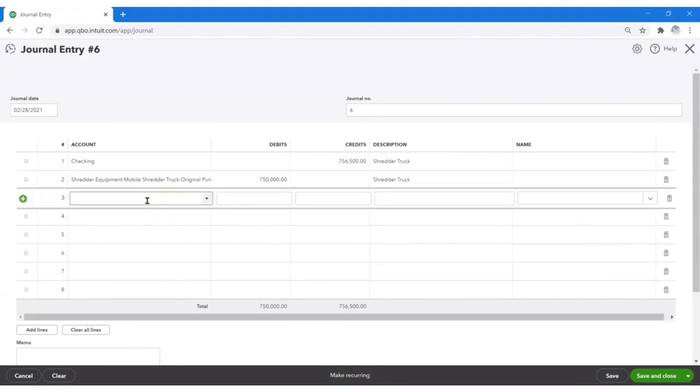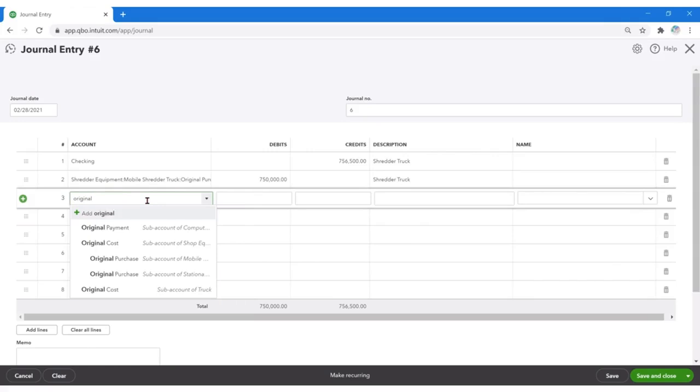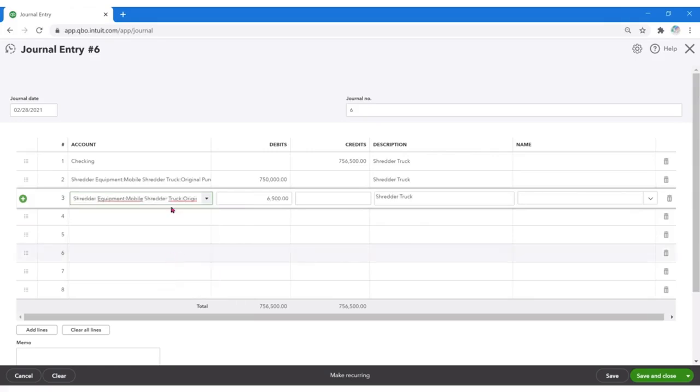Now I'm also going to capitalize the sales tax portion of this. So I'm going to put the original purchase of the mobile shredder truck. There it is. You see how you can type in QuickBooks Online and it does a nice little search. So this is the correct one, original purchase. I'm going to capitalize the $1,500 of sales tax.